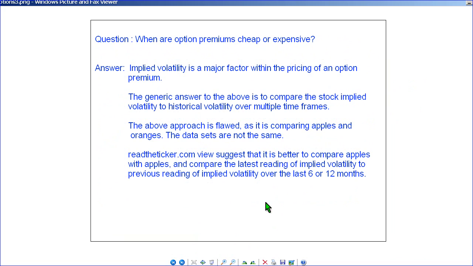But you've got to work out what time frame to consider, because historical volatility is over 20 days, 30 days, 60 days, or a year. So it's actually quite a difficult approach. In a sense, it's comparing apples and oranges, whereas readtheticker.com believes that the best way to compare whether an option is cheap or expensive is to compare implied volatility to previous readings of implied volatility.